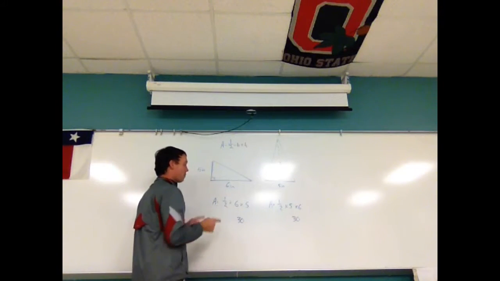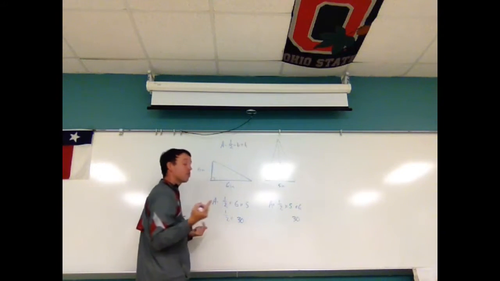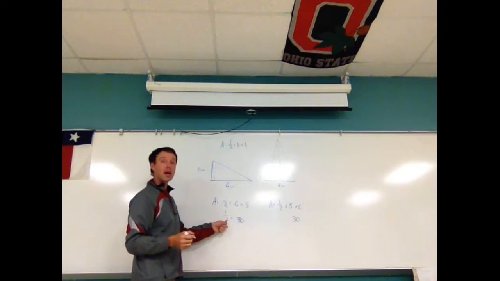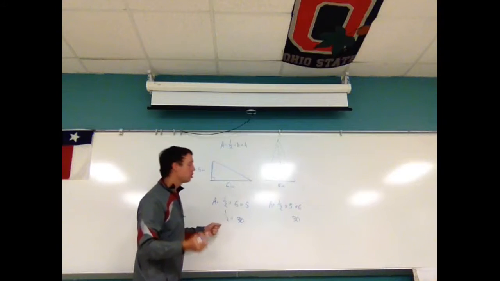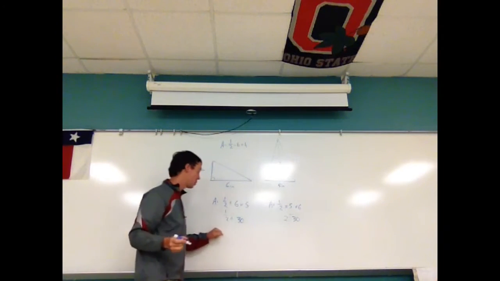Now, here's the last part. We have to figure out what is half of 30. Some of you guys are already doing mental math and can figure it out. For those of you who don't like to multiply by 1/2, you can also divide by 2. It's going to give you the same answer in the end.